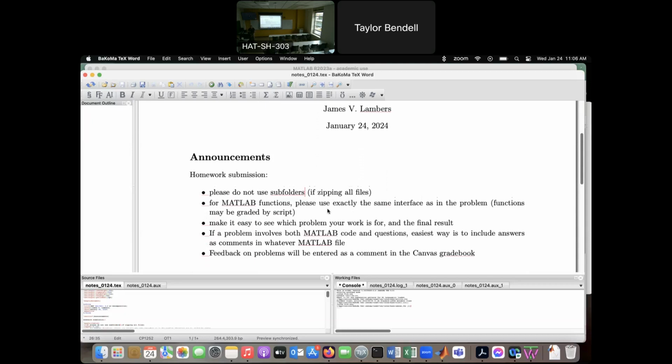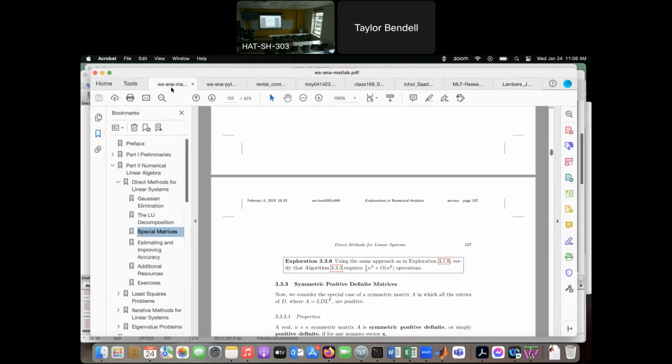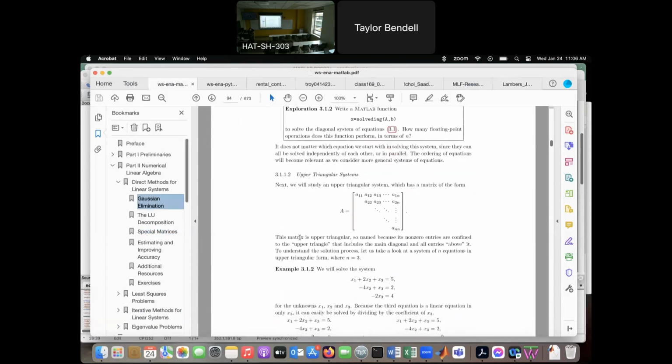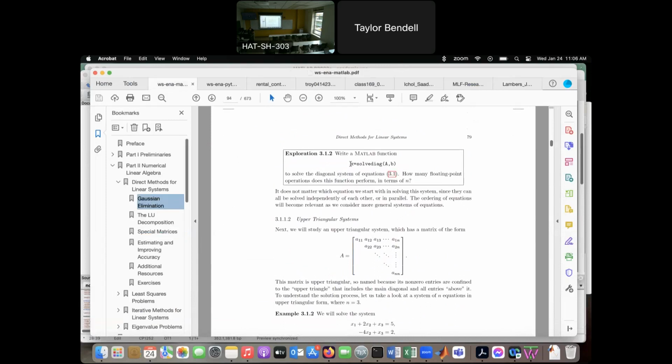All right, so for problems involving MATLAB functions, I'll try to find an example. Oh, yeah, here's one right here. A problem like this, where you're asked to write a MATLAB function, the interface to your function, and by interface I mean the name of the function, the inputs and the outputs, I want it to be exactly this.